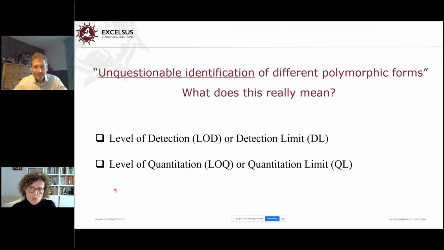So that's the reason why at Excelsus we very much concentrated on pushing this ability of detecting very small traces of a pharmaceutical crystal form, and also we spend a lot of energy in trying to refine the methodology to quantify very small traces.